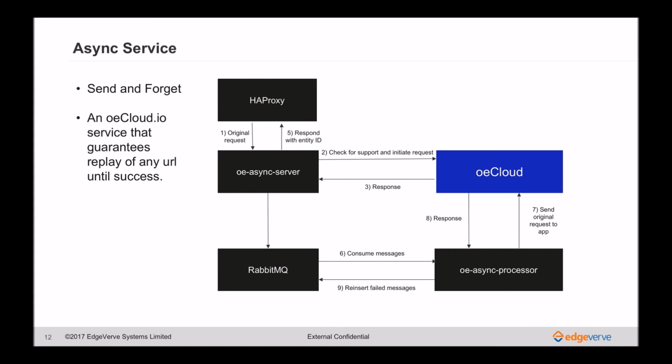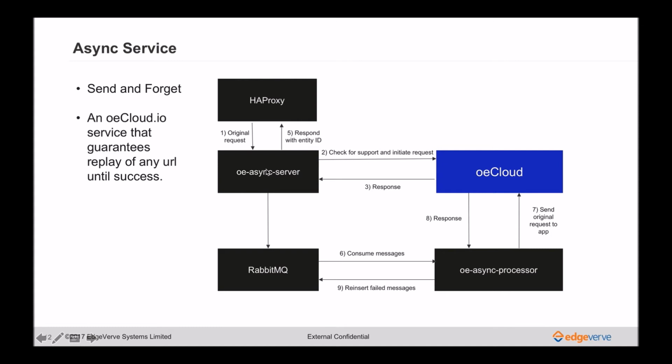At its core, it's a RabbitMQ implementation, along with the processes all around it that will feed the queue and read from the queue. As you can see coming in, HAProxy is our proxy entering into our swarm. Number one, a regional request comes in, and with a special URL that we will see, it goes to the async server.